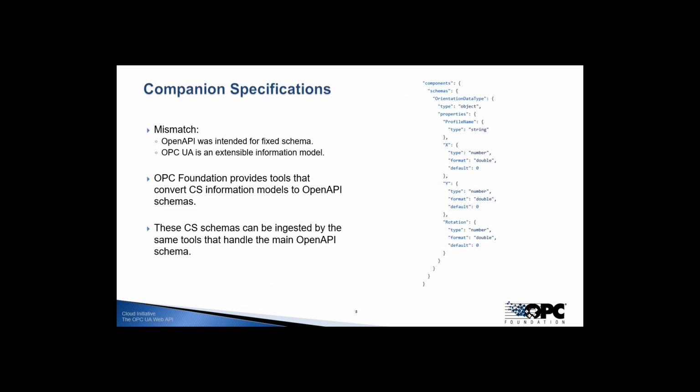Now, there's one subtle mismatch between the way OpenAPI is designed and the way OPC UA works. Specifically, OpenAPI is intended for a fixed schema. Basically, everything is known about the schema in advance, and all the types are defined in advance, and they're all in the initial file.